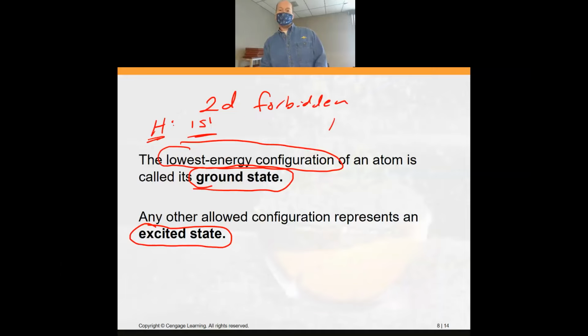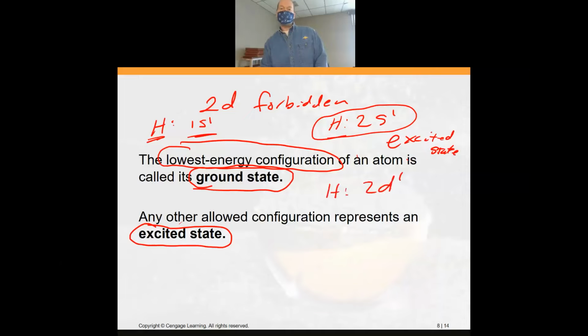If I give a problem and say my electron configuration of hydrogen is 2s1, that would be an excited state, not the ground state. The 2s does exist, so this would be an excited state. If I gave hydrogen and said the electron configuration is 2d1, that one is forbidden because a 2d does not exist.